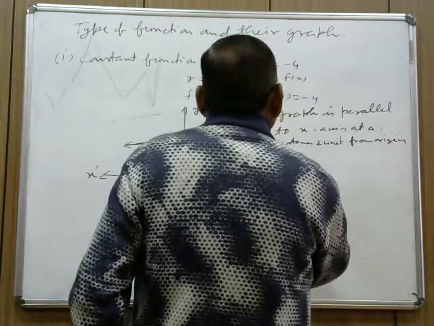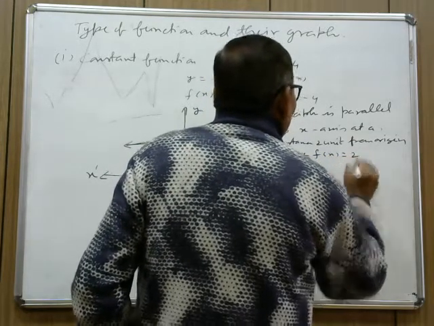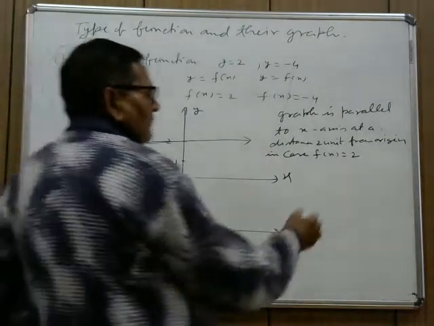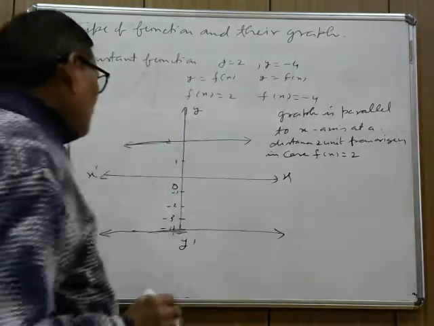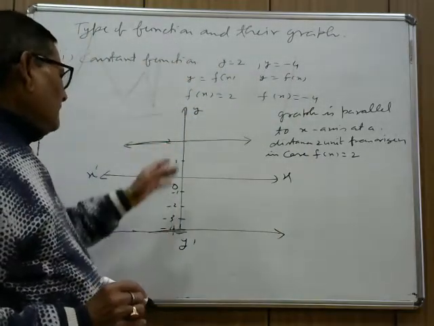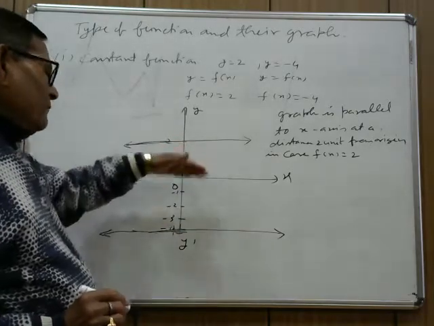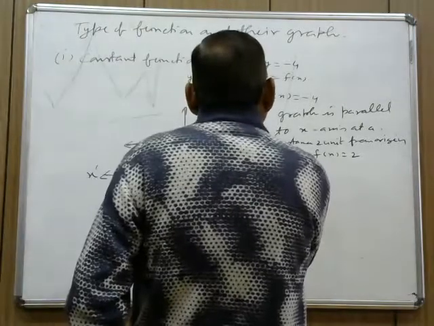From origin, in case f(x) is equal to 2. Similarly, in case f(x) is equal to 2. So now you can say this graph is above the x-axis and another graph is below the x-axis, at a distance of 2 units from the origin, above the x-axis.